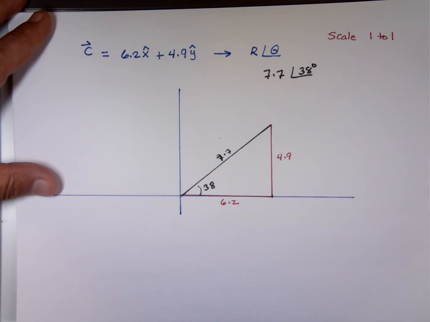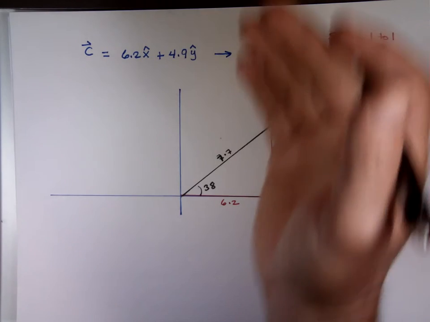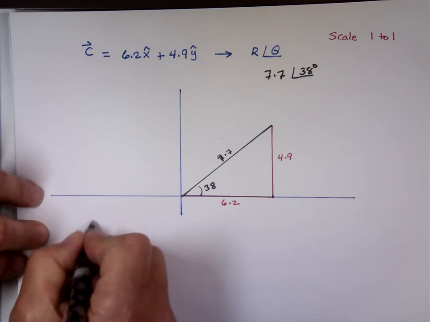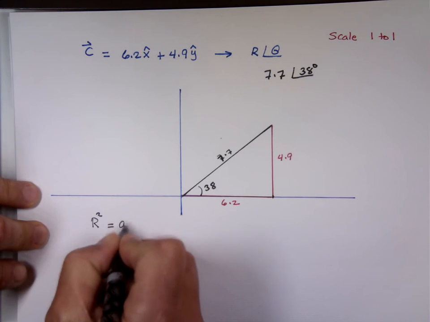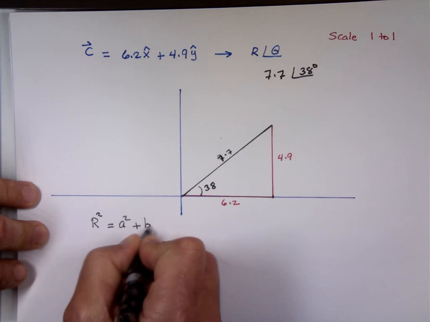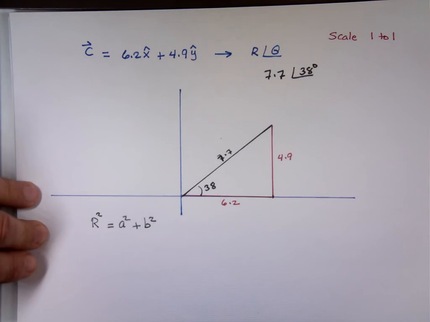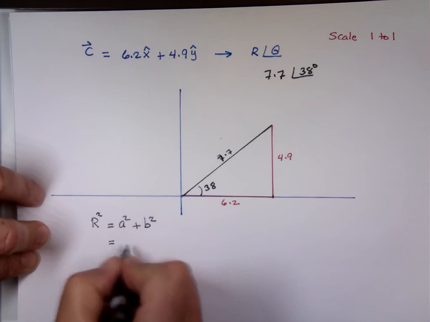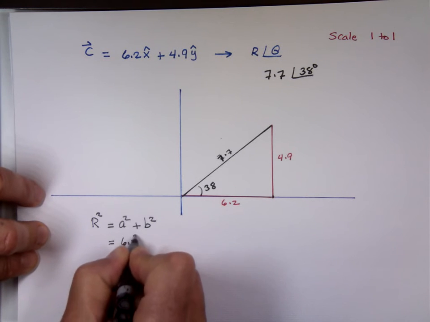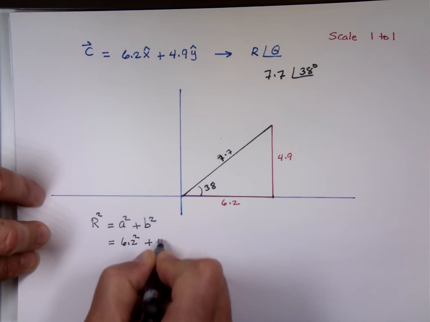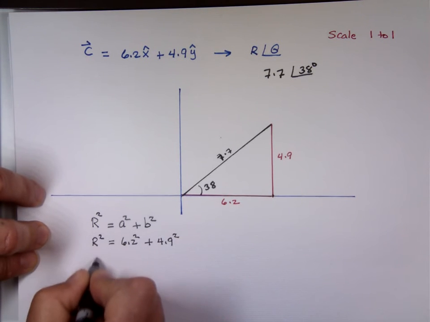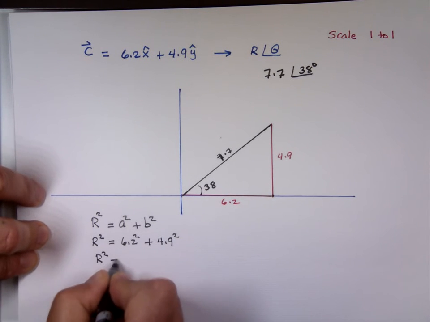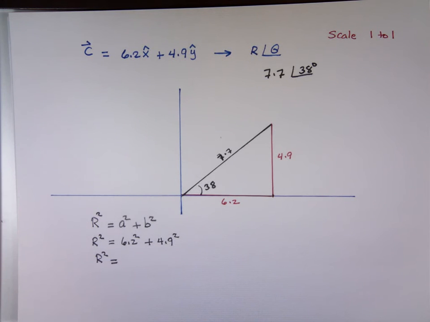Yep, a squared plus b squared equals c squared. I'll call it r. Instead of c, I'll use r. Pythagorean Theorem. So let's see, 6.2 squared plus 4.9 squared equals r squared. Let's see what that number is.